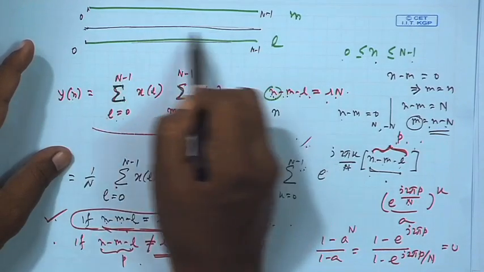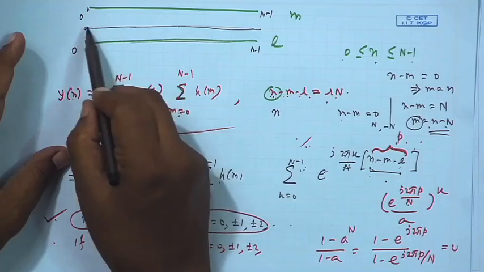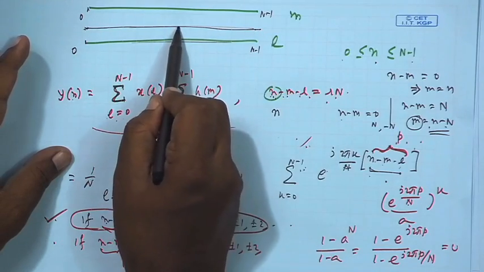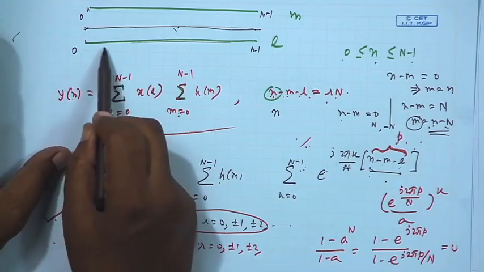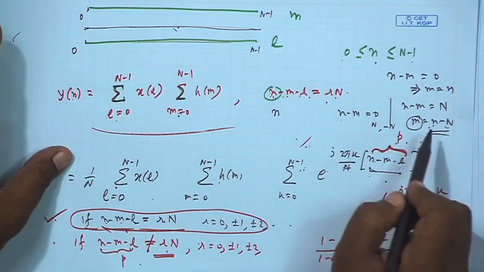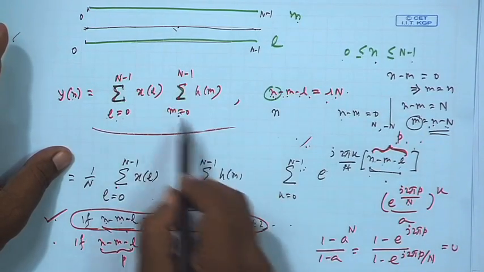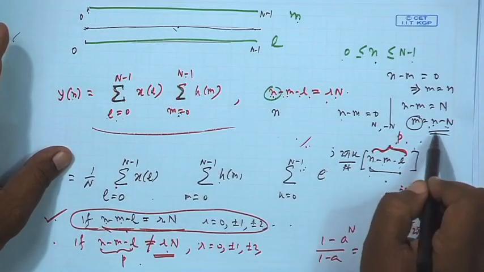Small n can be anywhere from 0 to N minus 1 on this scale. From small n, if you go back by capital N, you are going behind. So small m cannot take any value from that range, because the small m range is from 0 to capital N minus 1. So that is ruled out.